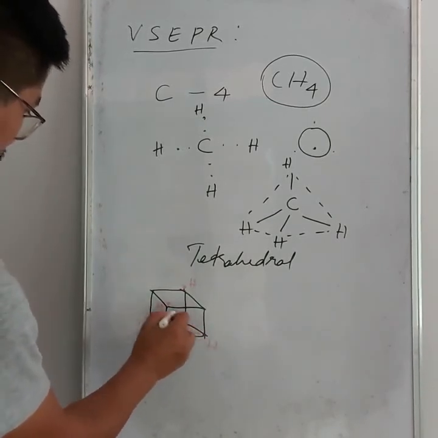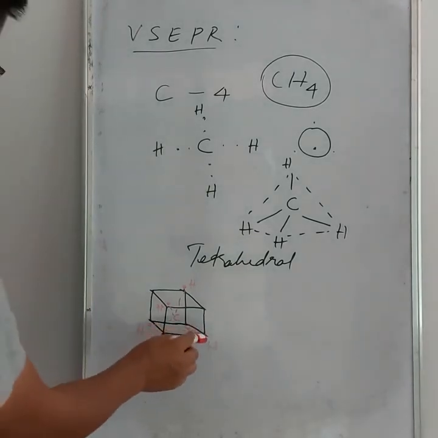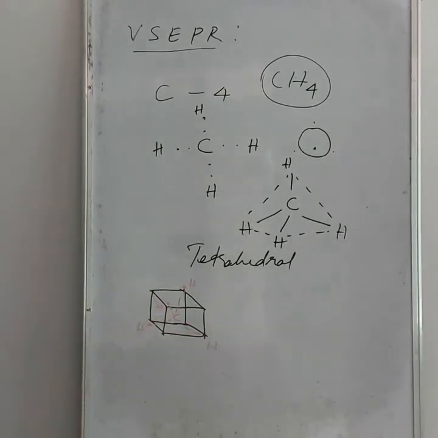Now that is a tetrahedral structure. If you can picture it, the four valence electrons will occupy opposite corners, and that is a tetrahedral structure, predicted by VSEPR theory. There are lots of molecules whose geometric shapes have been predicted successfully by this VSEPR theory.